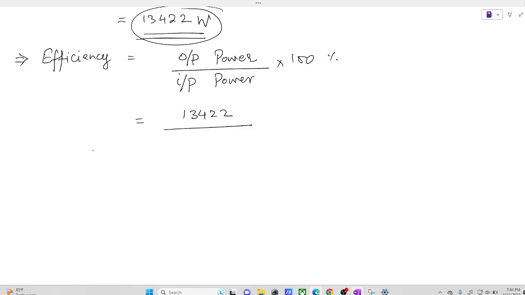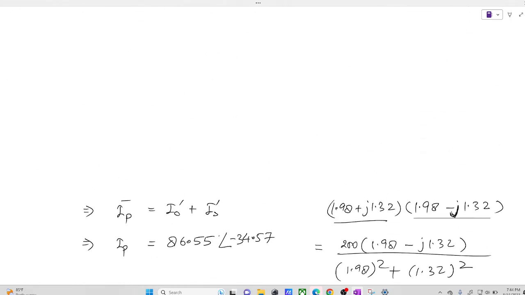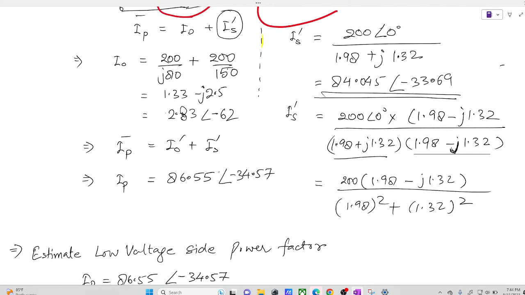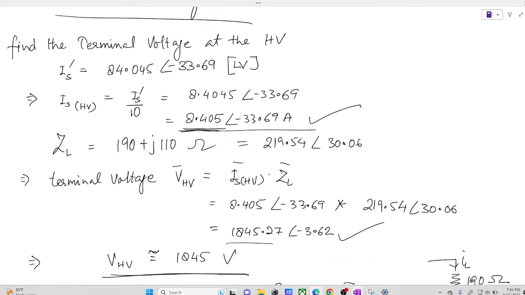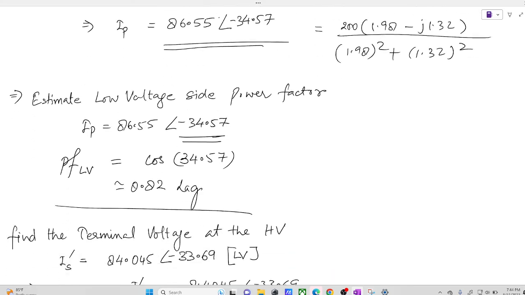So what we will do, similarly, we know that the input side is 200 volt and the total current at the input side is 86.55 angle minus 34.57.